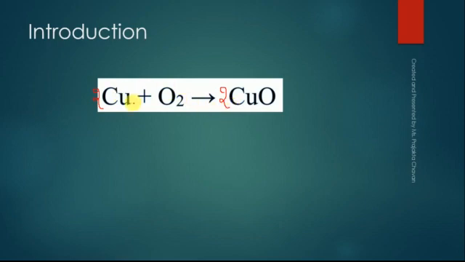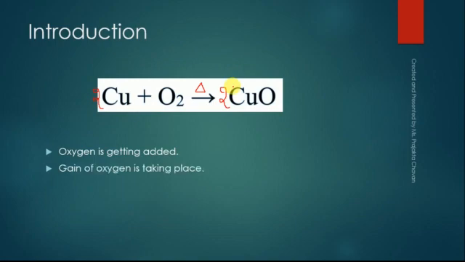Let us understand more about this equation. So in this equation, copper when heated with oxygen gets converted to copper oxide. Or in other words, we can say for copper, oxygen is getting added and it is getting converted to copper oxide.